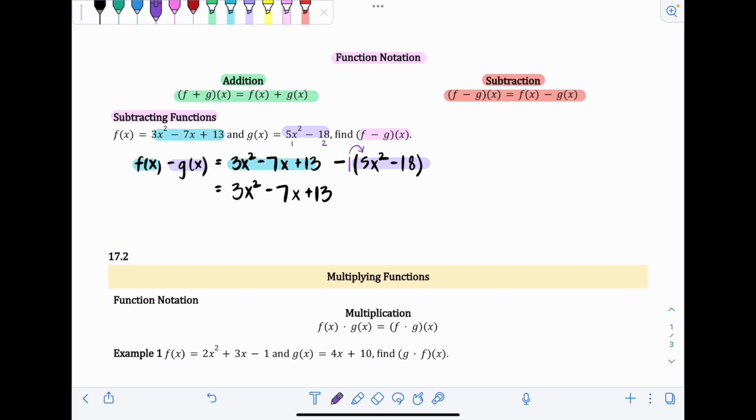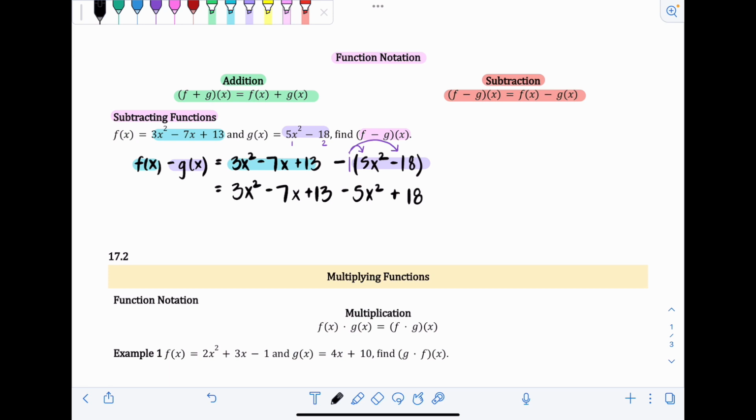So -1 times 5x squared becomes negative 5x squared, and -1 times negative 18 becomes a positive 18. It keeps the numbers the same, it just changes positives to negatives or negatives to positives. And now that I've done that, I can take off the parentheses and it becomes like an addition problem where I'm combining like terms.